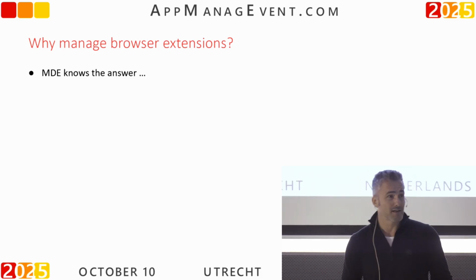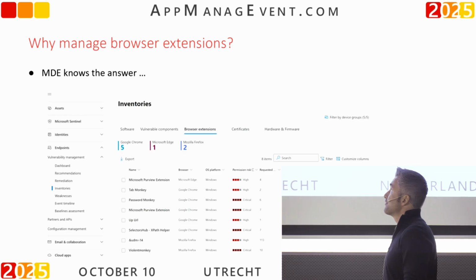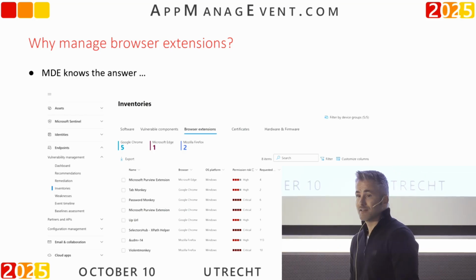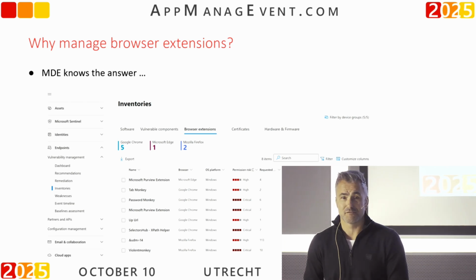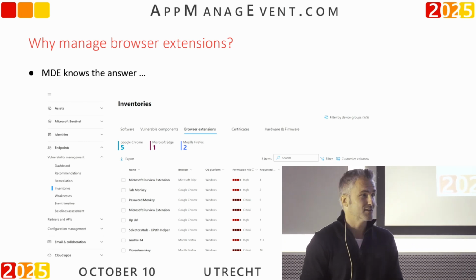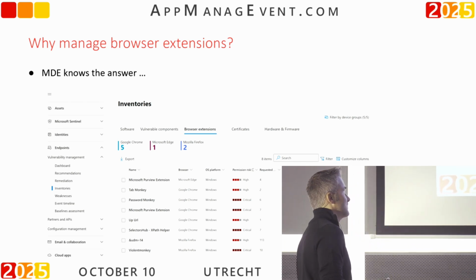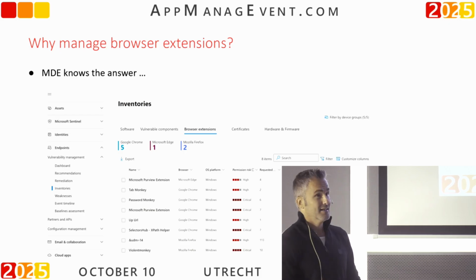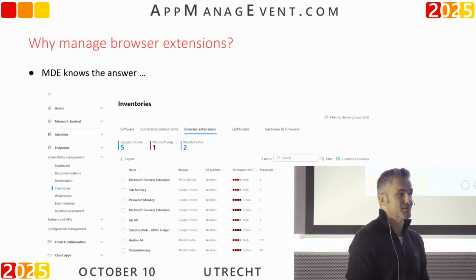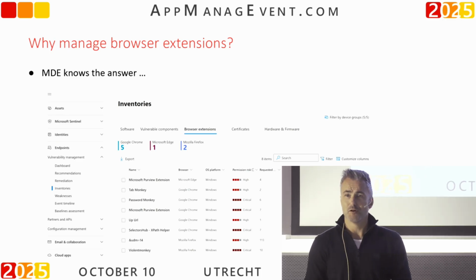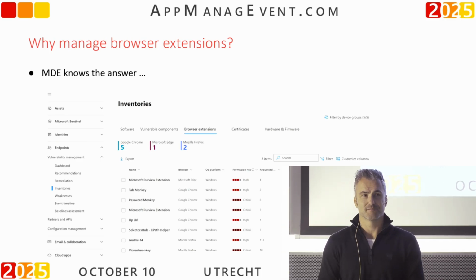And why would you want to do that? Well, Defender for Endpoint knows the answer. If you look in Defender for Endpoint, there is a specific blade that tells you which extensions have specific vulnerabilities, and it's quite an eye-opener for your companies if you haven't checked these yet. Because if everybody can freely install any type of extension in any type of browser, who knows what you're introducing in your environment?